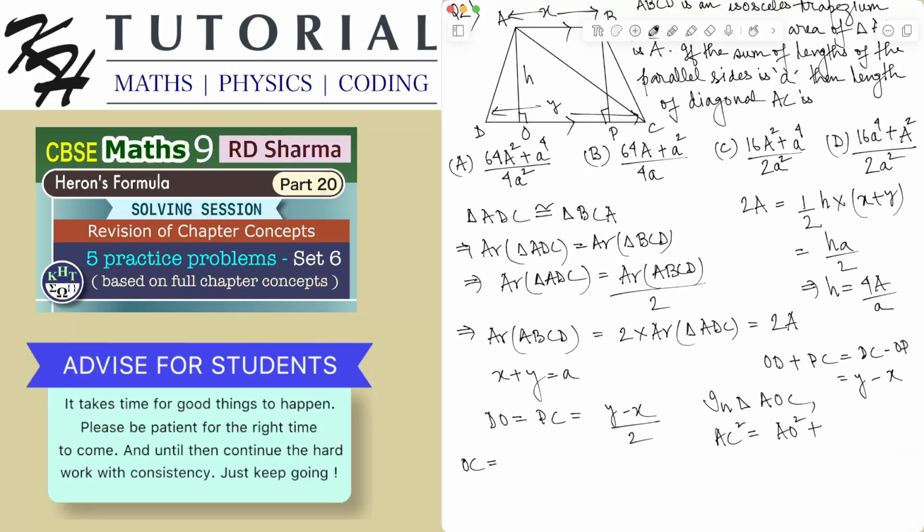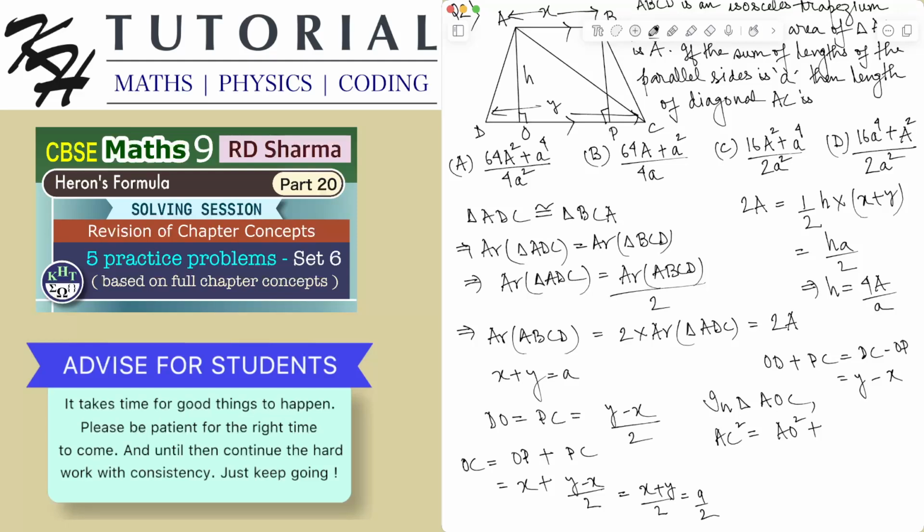OC is equal to OP plus PC. What is OP? OP is x. And what is PC? PC is y minus x by 2. If you simplify this, it will be x plus y by 2, and x plus y we know is a. So this is a by 2. So OC is equal to a by 2.